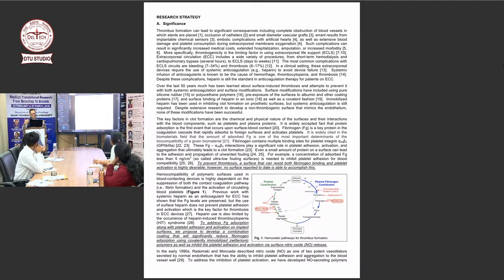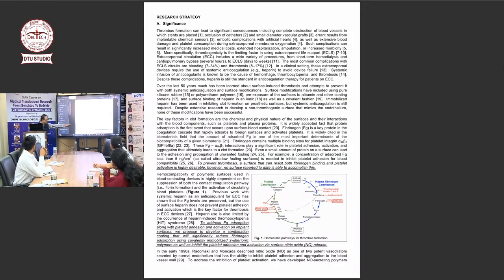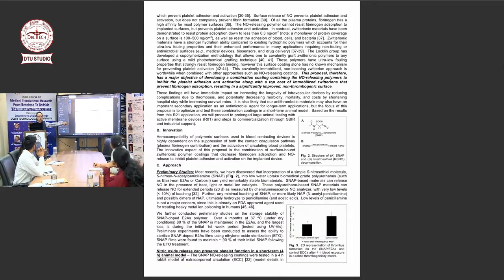So we are just explaining why there is a need for what we are doing, right? And then we are saying how for coagulation, zwitterion can help with fibrinogen, nitric oxide can help with platelets. And ultimately we can prevent or reduce clot formation. So we introduce nitric oxide in this paragraph. Then we introduce zwitterion. We say how nitric oxide does not prevent protein adsorption. We need zwitterion to do that.